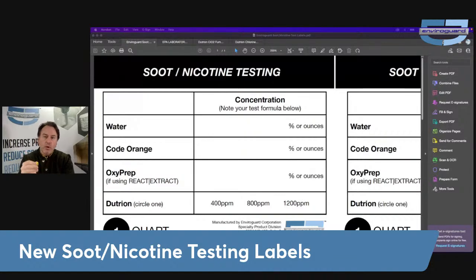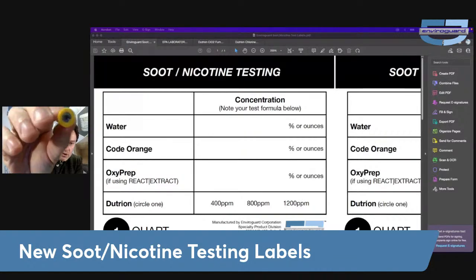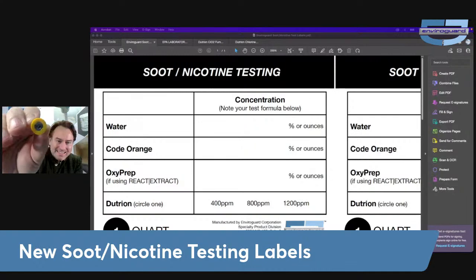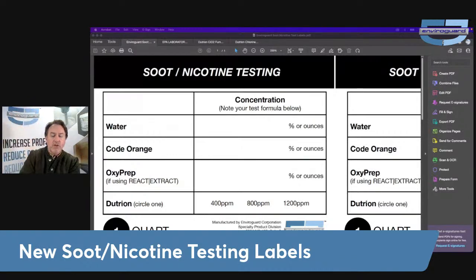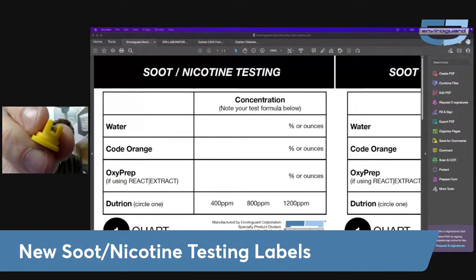Well, we have sourced brand new tips. Let me just show this to you. This is a stainless steel insert, 316 stainless steel. These are going to become available next week, so if you need additional tips and you want something more robust, these will be provided. You can see the insert hopefully right there.